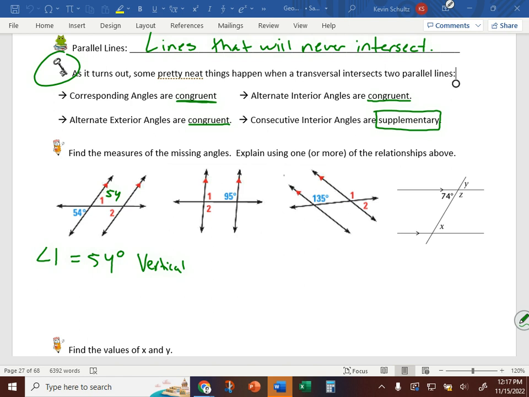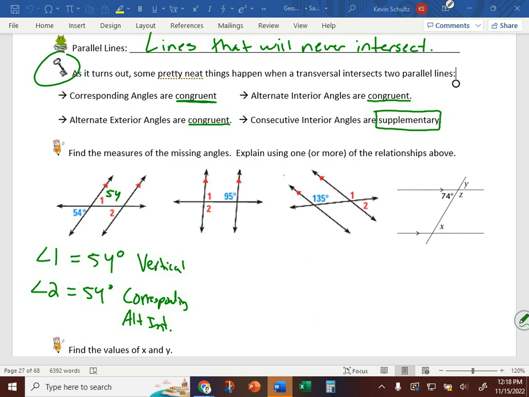We solved for angle 1 first by saying it's vertical angles with 54 and then got angle 2, either with alternate interior angles from angle 1 or directly with corresponding angles from the given angle 54. Lots of different ways to go about it. Angle 2 is equal to 54, and we used both corresponding and alternate interior angles as reasons why.